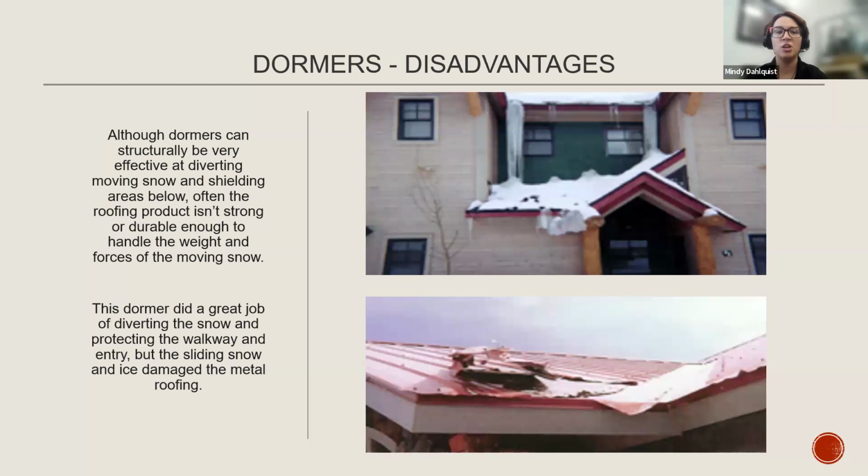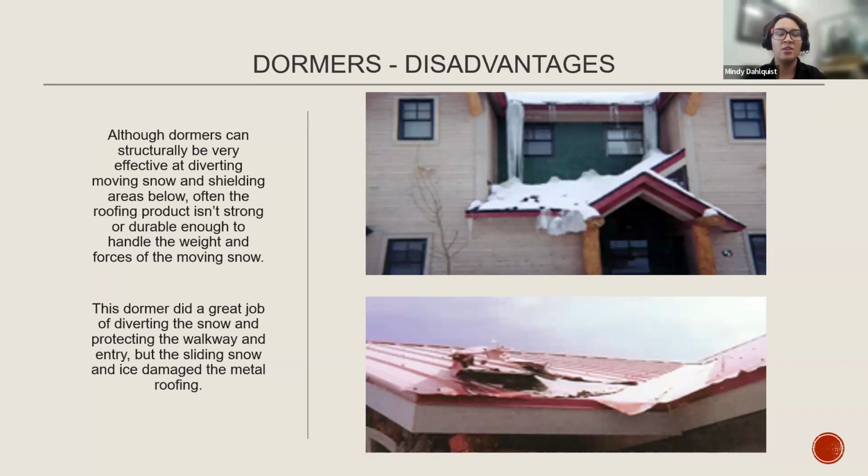Although they can be very structurally sound and successful at diverting that snow and shielding those areas below, oftentimes that roofing product isn't strong enough or durable enough to take that weight or the forces of moving snow. So your roofing material is not made to take something crashing into it.